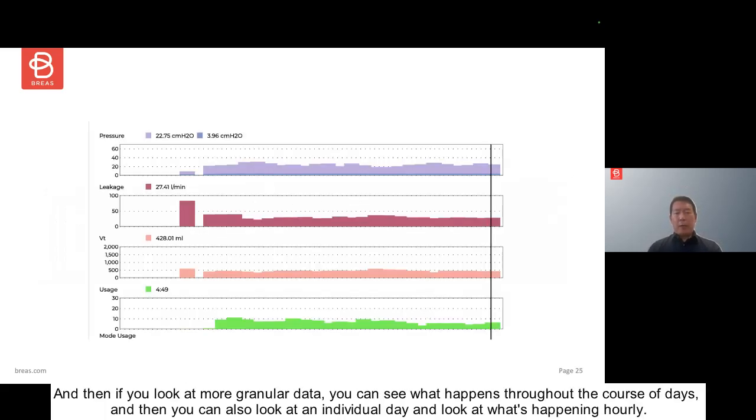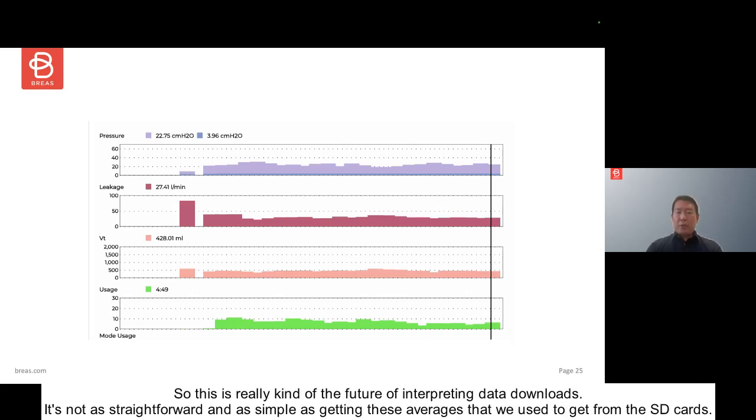And then if you look at more granular data, you can see what happens throughout the course of days. And then you can also look at an individual day and look at what's happening hourly. So this is really kind of the future of interpreting data downloads. It's not as straightforward and as simple as getting these averages that we used to get from the SD cards.